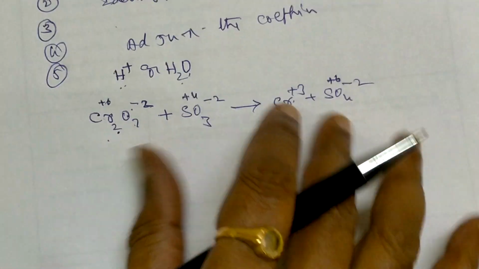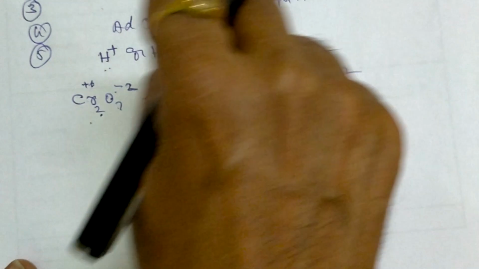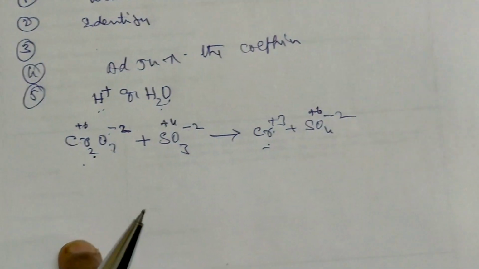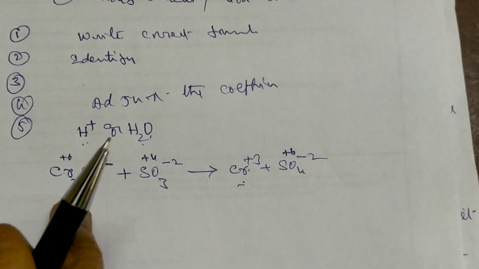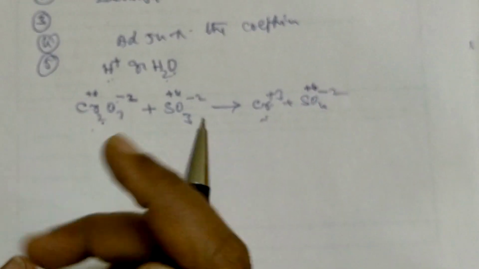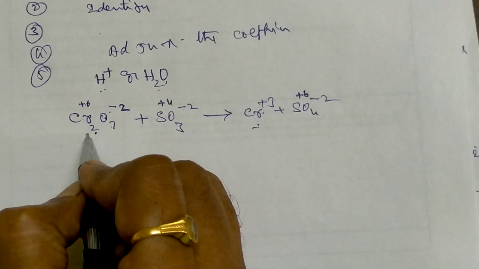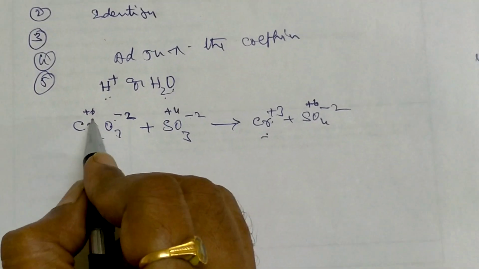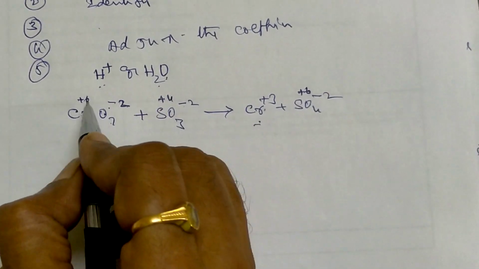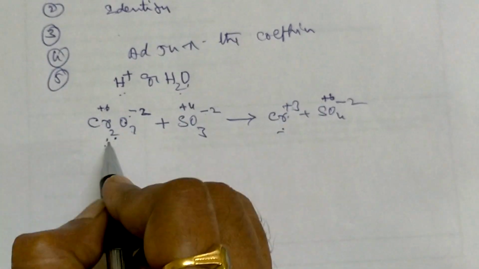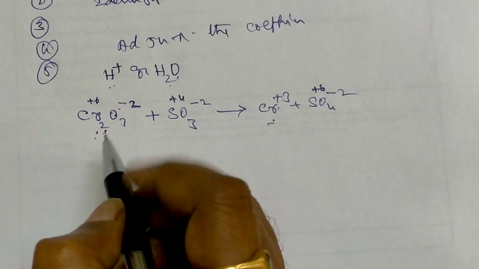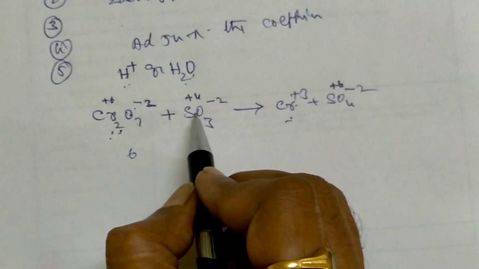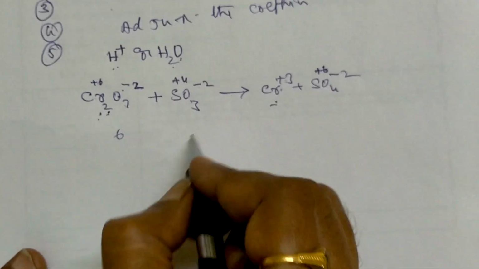So now identified. The first step, the correct equation, is over, and identifying is over. Then the third step is the calculation of the oxidation numbers from the left side and right side. Here 2 ions are there, so the change from 6 to 3 is 3 per ion, for 2 ions it is 6. Here the change is plus 4 to plus 6, so the change is only 2.